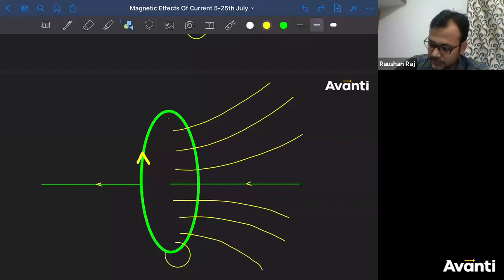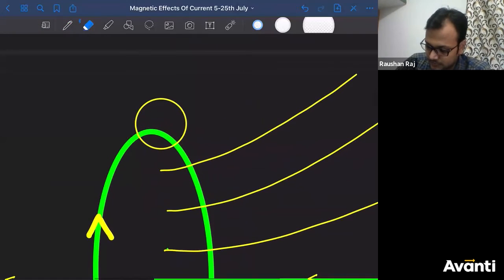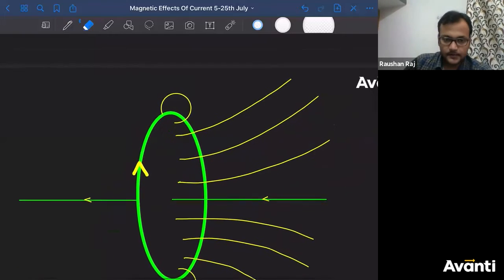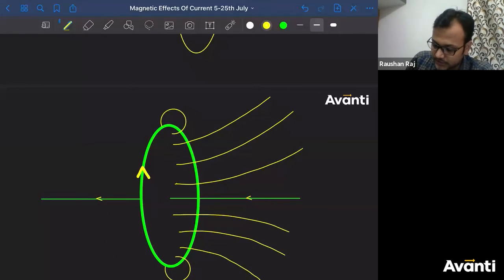Let me make a circle here. Okay, done. So it should actually look like this. What about the left hand side? On the left hand side you are going to get a condition like this. It will come out.